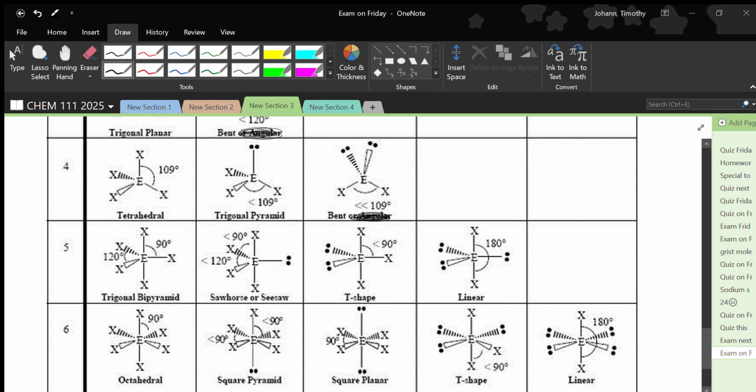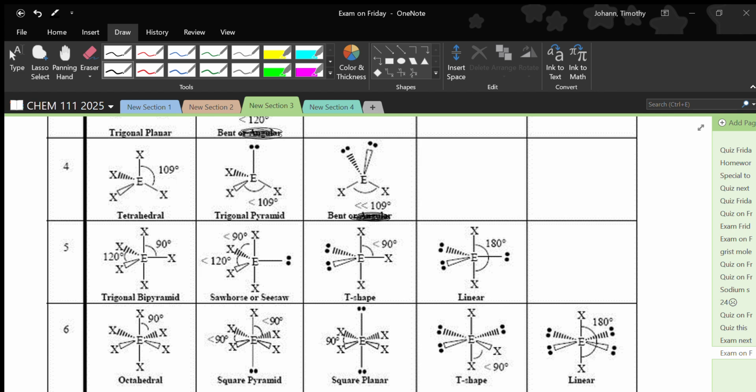Questions? Yes. So do we need to know the angle? Yes, you need to know the angles. So you're going to want to memorize the angles as you go down. It's going to be 180, 120, right? 180 for linear, 120 for trigonal planar, 109 here, and then for when you have 5, your angles are going to be, you have a 90-degree angle.